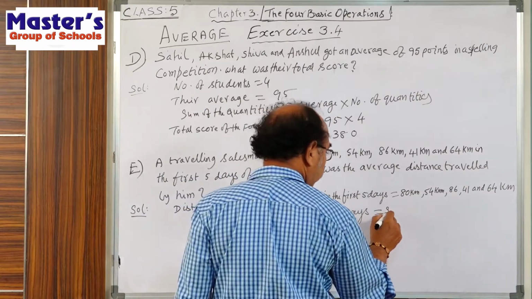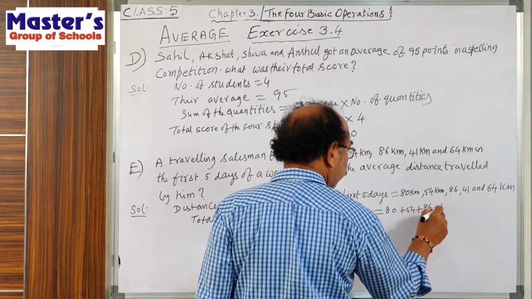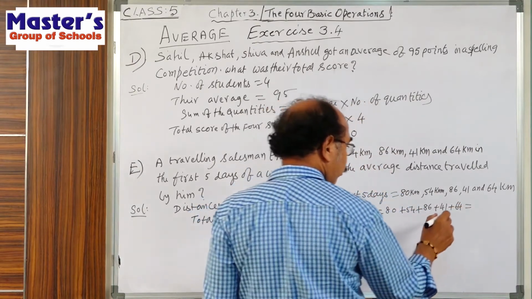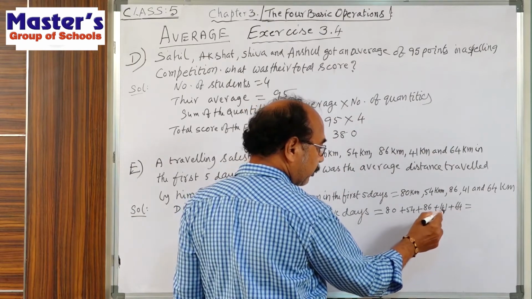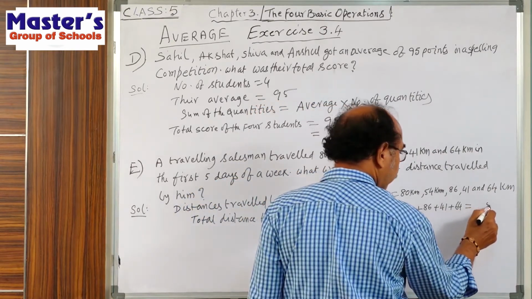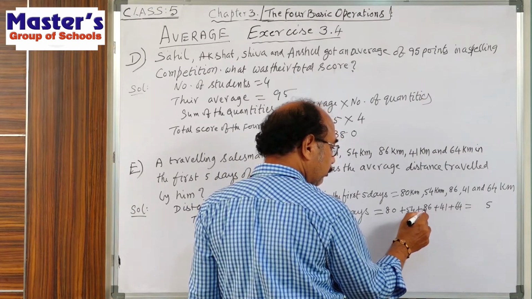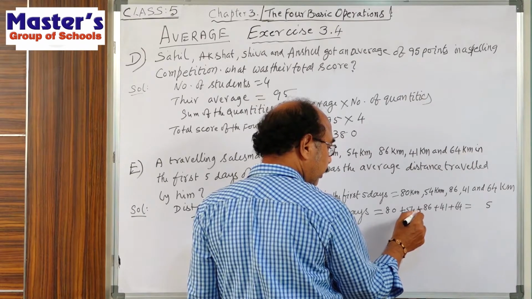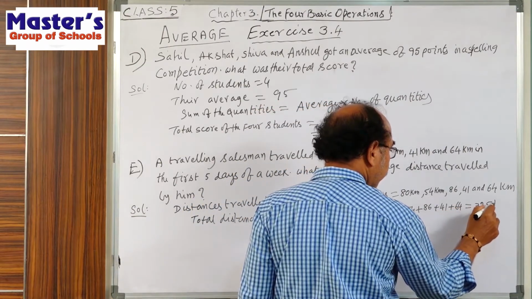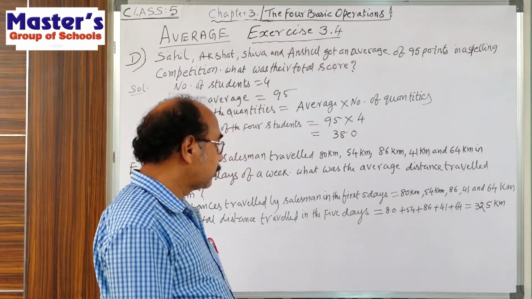Add 80 plus 54 plus 86 plus 41 plus 64. Now add the units digits. 4 plus 1, 5. 5 plus 6, 11. 11 plus 4, 15. 5. 1 is there, no? 1 plus 6, 7. 7 plus 4, 11. 11 plus 8, 19. 19 plus 5, 24. 24 plus 8, 30. 325 kilometers. 325 kilometers distance.